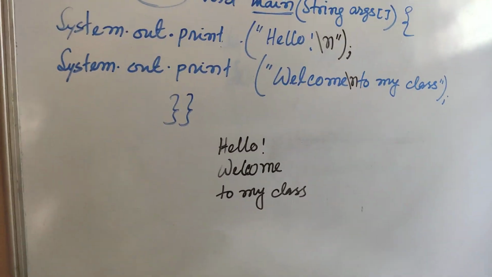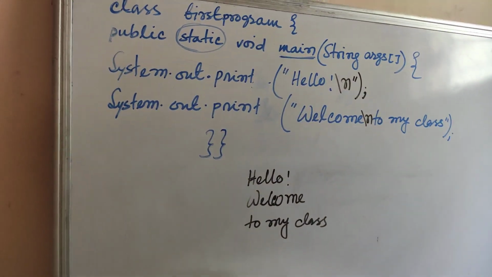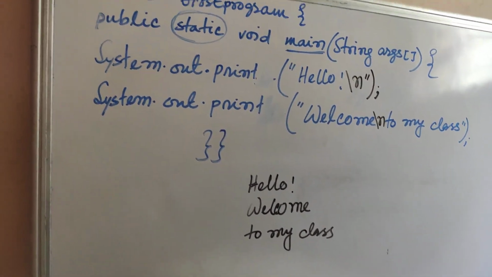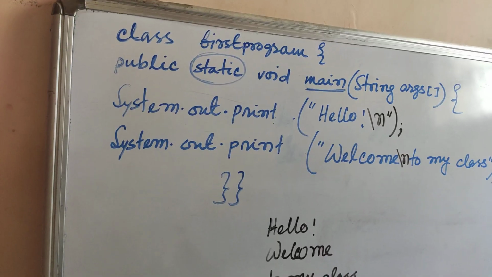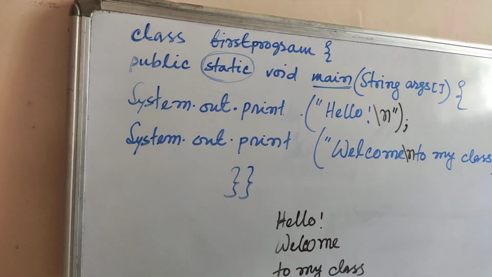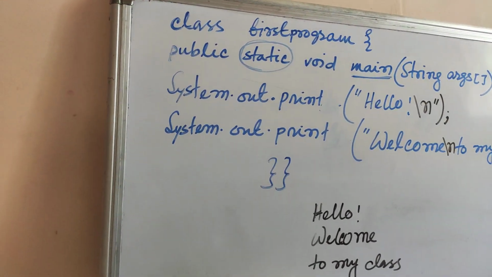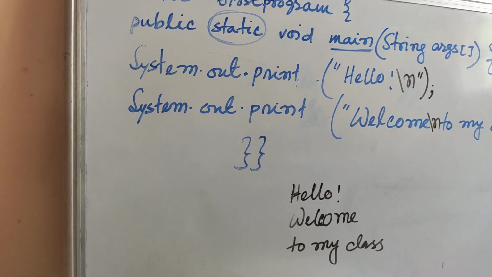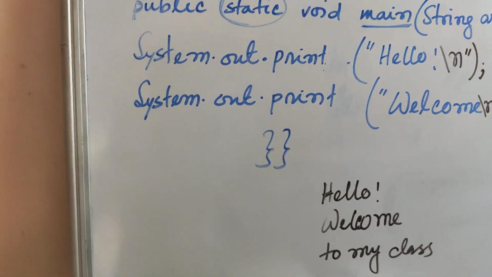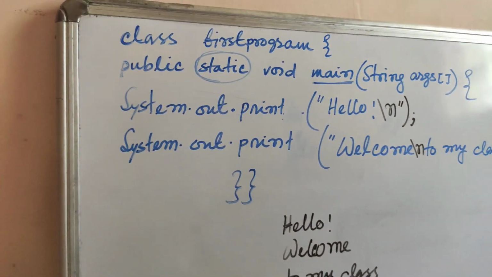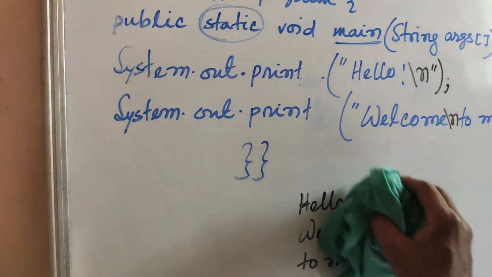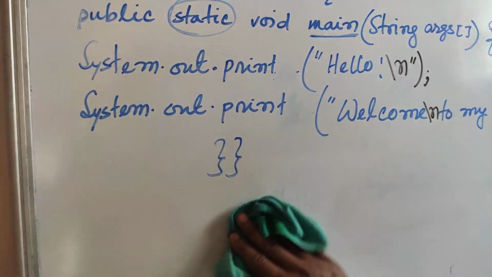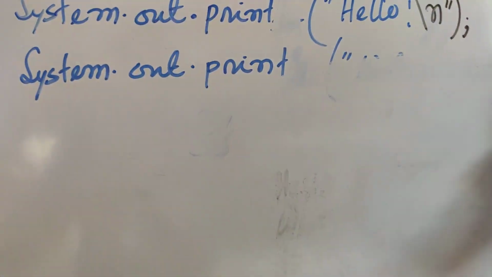Okay, so when you write any program in the Java language, this is the process. You have to give the class name, then the function name, and after that you write. If you want to do calculations, then calculation type programs. Suppose I want to add two numbers.